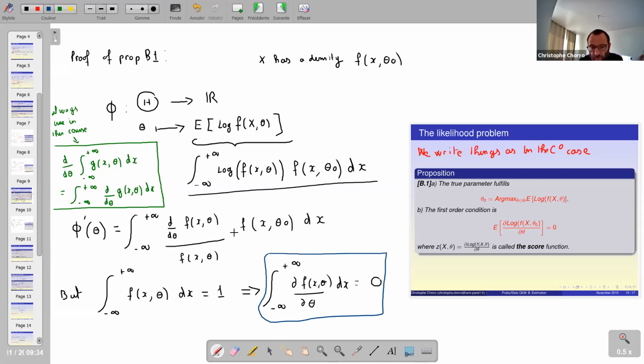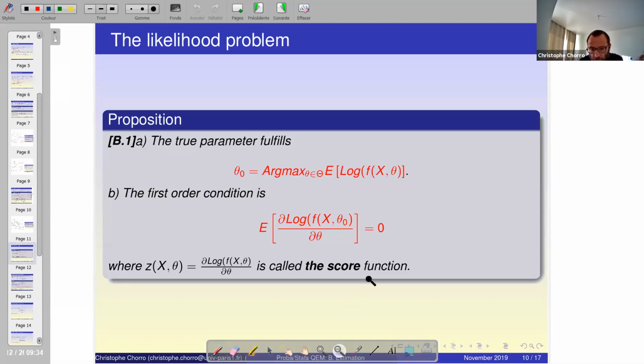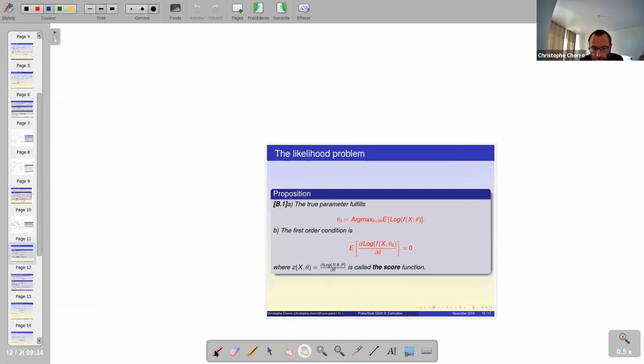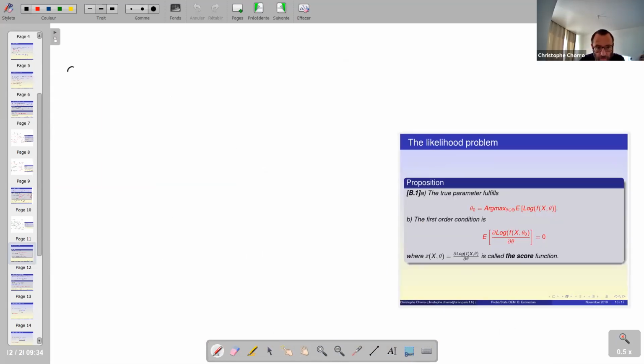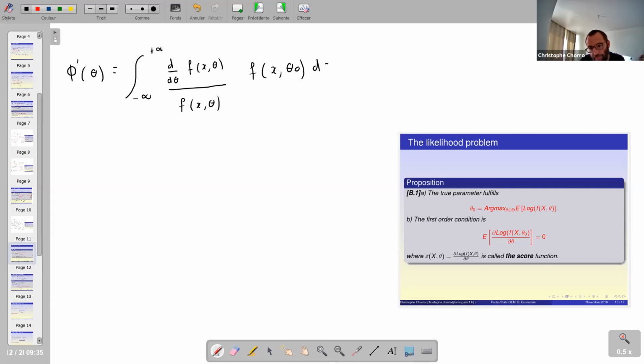So if I combine these two, what I obtain is that, I repeat, phi prime of theta is equal to the integral from minus infinity to plus infinity of d over d theta f(x, theta) divided by f(x, theta), multiplied by the true density f(x, theta 0) dx.